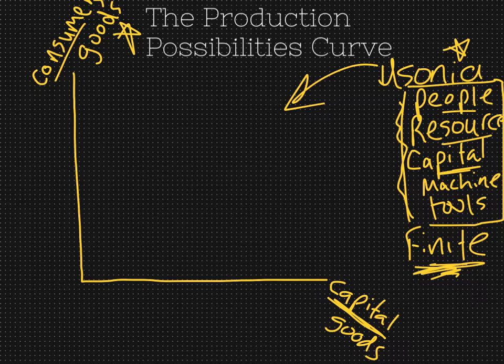And with that, we can make decisions. Let's say we take every single person, every single resource, and every single machine that we have, and we decide to produce only consumer goods. My question is, how many capital goods could we produce?